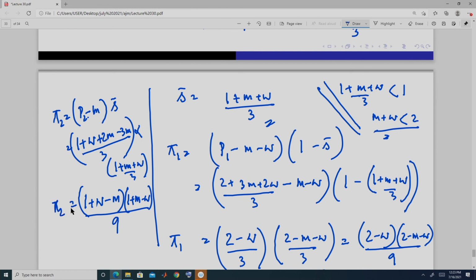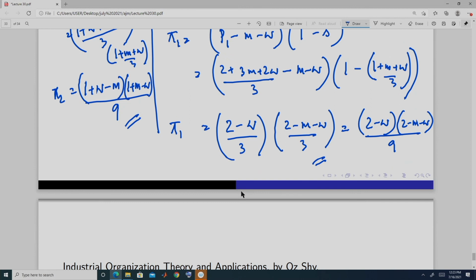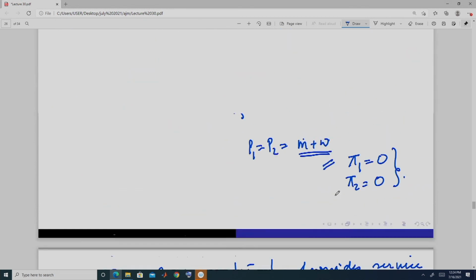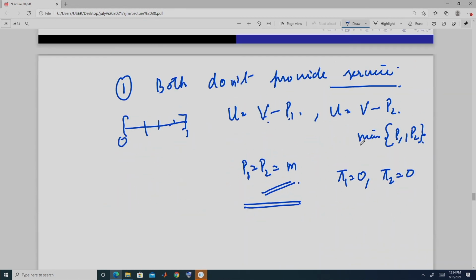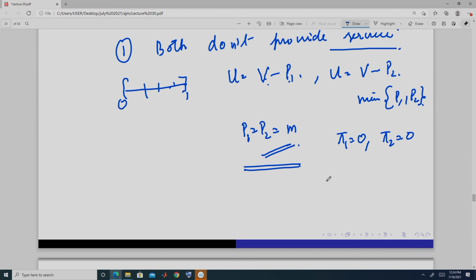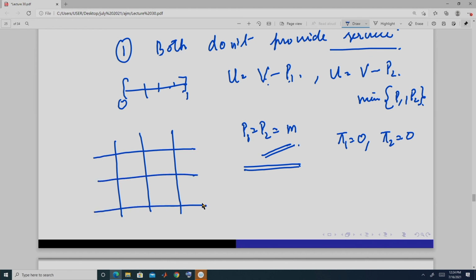This is the profit of firm 2, and this is positive, and this is also positive. But in this situation, what do we get? 0 and 0. Now, here we can do something. So, strategy in stage 1, strategy of firm 1 and strategy of firm 2.